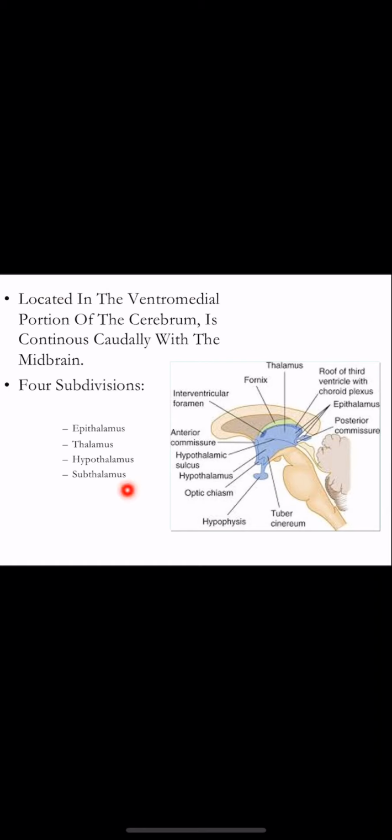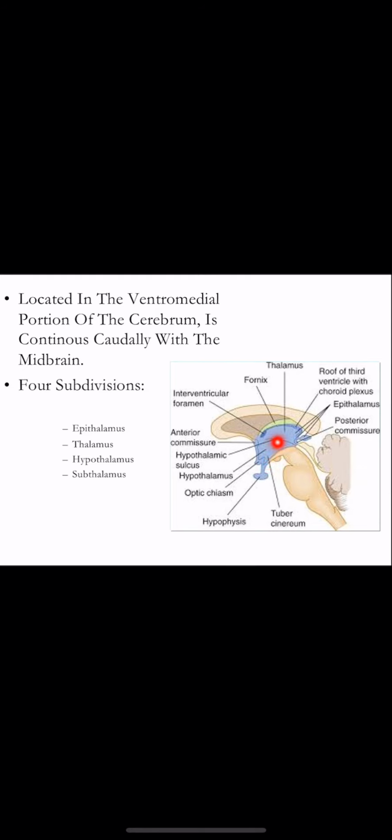As for further localization of the diencephalon, we can see it in the ventromedial aspect of the cerebral hemisphere, and it continues down caudally with the part of the brainstem called the midbrain. So this gray colored area, or even the blue, is the diencephalon in general. The diencephalon is composed of 4 subdivisions.